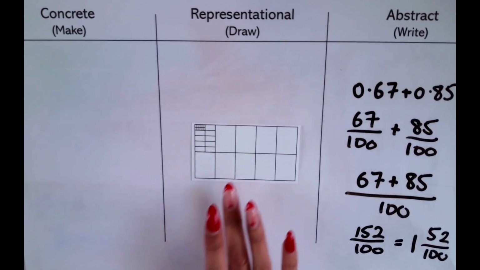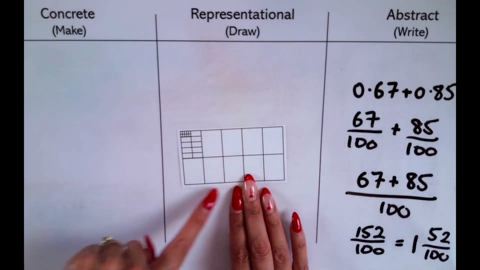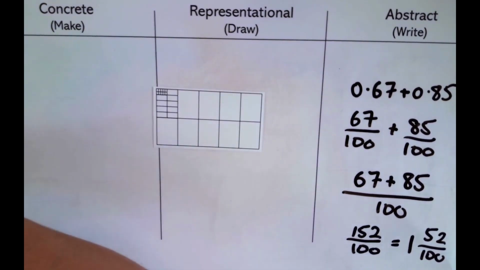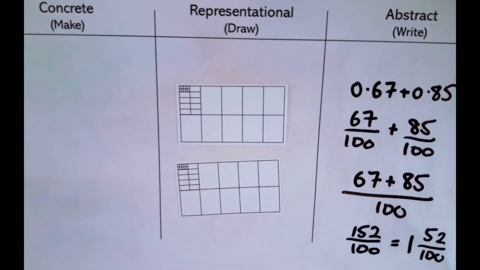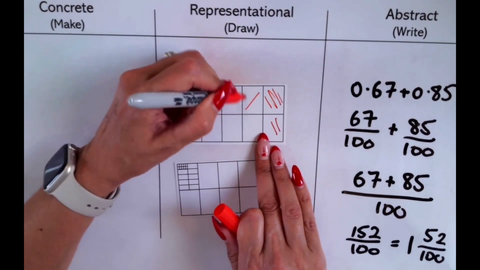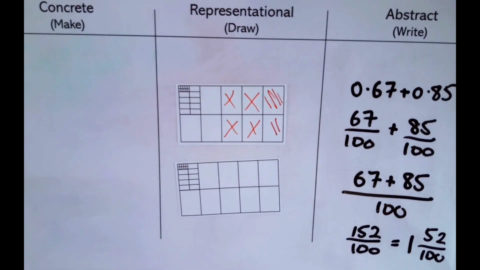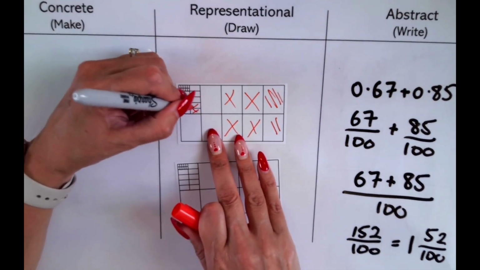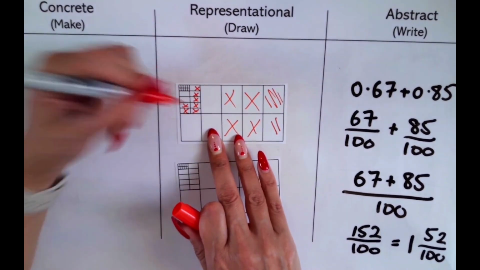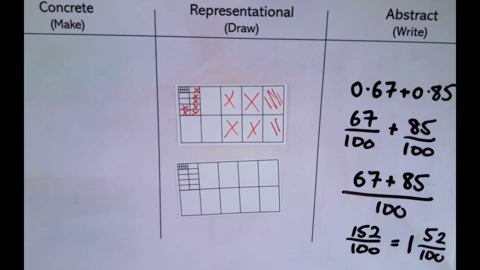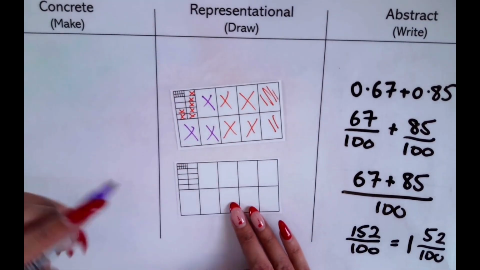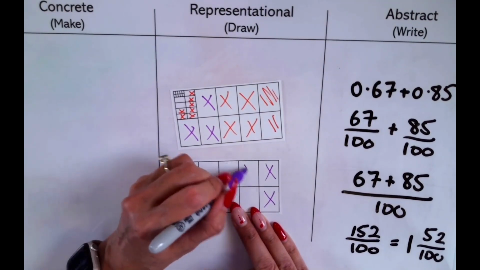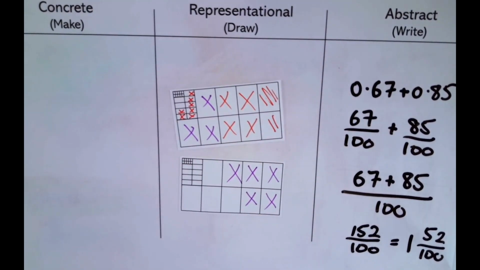All right. If they want, they can work this whole process with this decimat. In a case like this, you're going to need 2 decimats because the students are going to colour in 1, 2, 3, 4, 5, 6 tenths and 1, 2, 3, 4, 5, 6, 7 hundredths. And then they're going to colour in 1, 2, 3, run out of tenths, 4, 5, 6, 7, 8, and 5 hundredths.